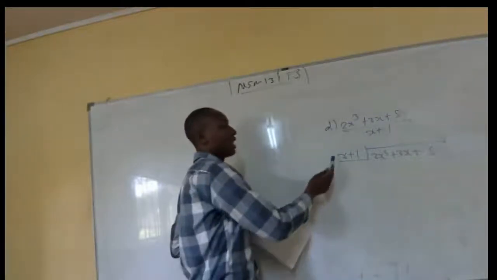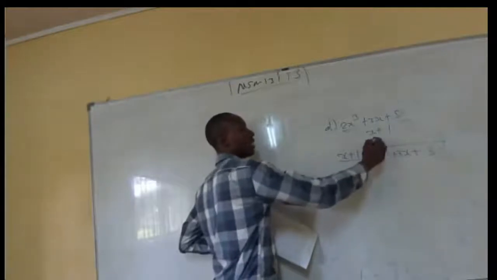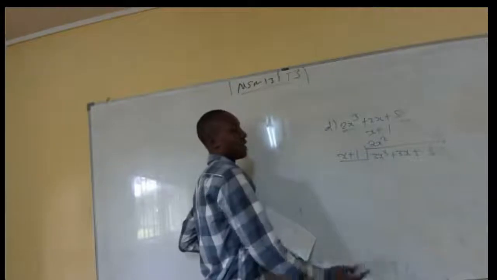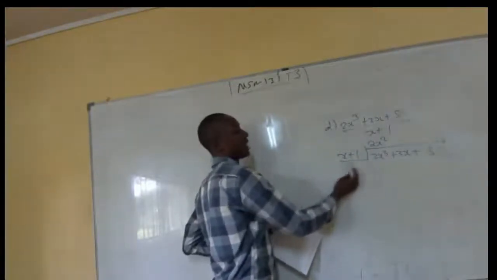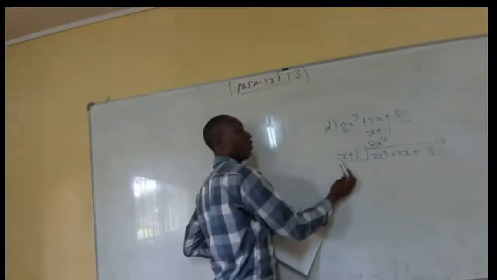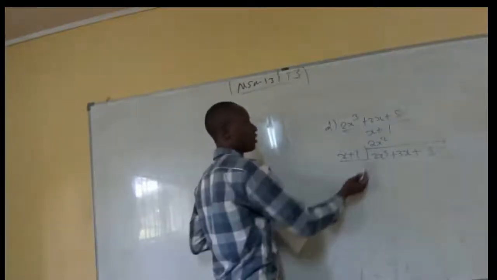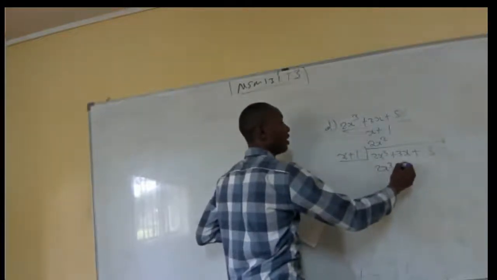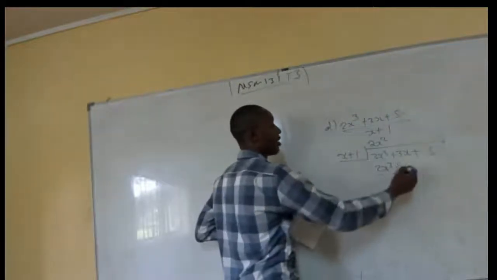So what is x into 2x cubed? x into 2x cubed is actually 2x squared, right? Then I'm going to multiply 2x squared by the whole divisor. So in division, I simply said the x part alone into the 2x cubed, but in multiplication, I'm multiplying everything. So 2x squared times x is 2x cubed, plus 2x squared multiplied by 1, that's just 2x squared.